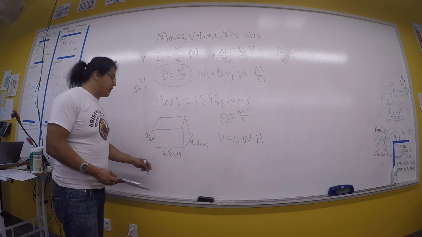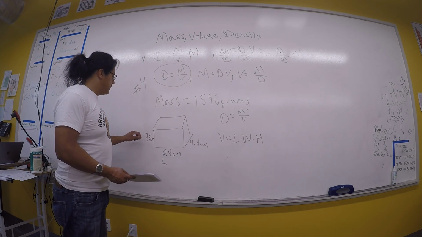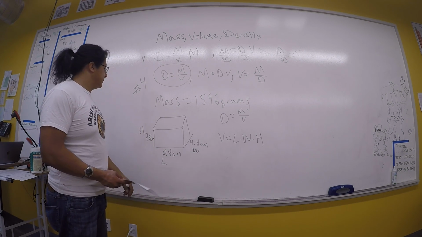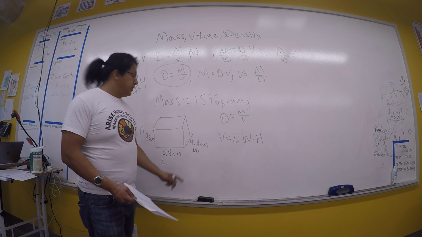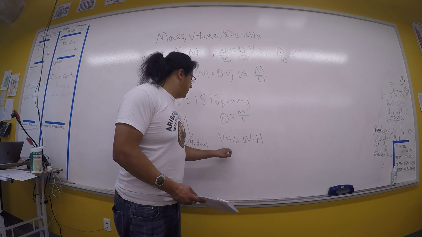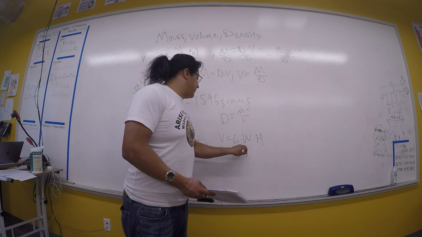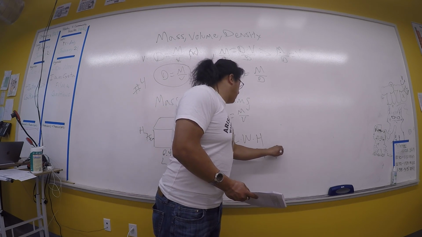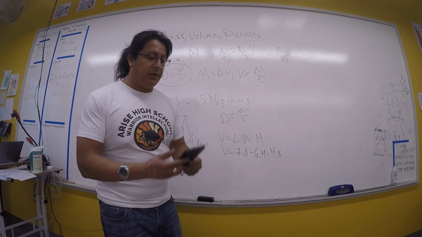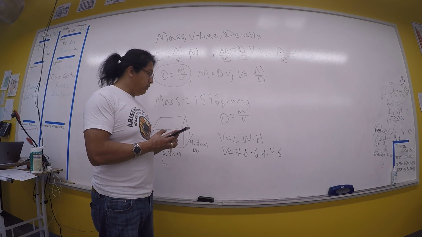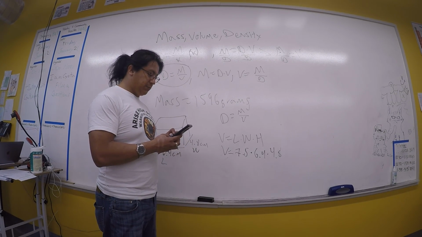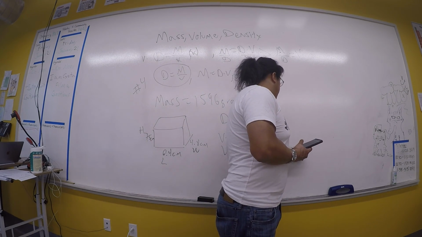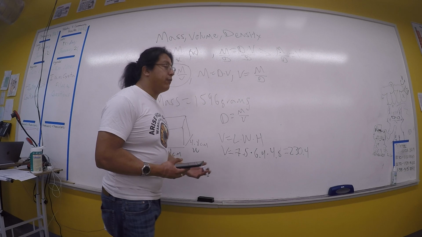Guess what we got here? Those 3 measurements give us length times width times height. We have all 3 of them right there. So to find our volume, it's simply 7.5 times 6.4 times 4.8. If you plug that into your calculator, we get 230.4. 230.4 what?